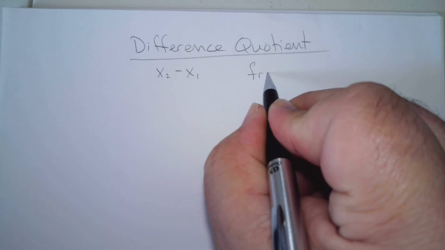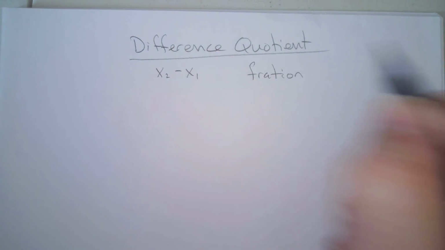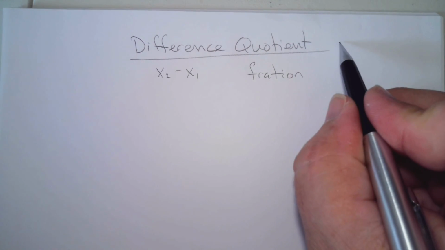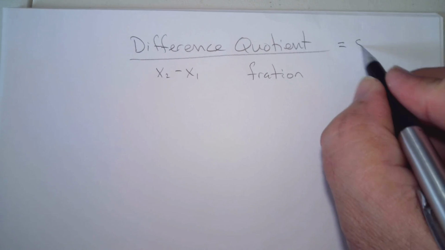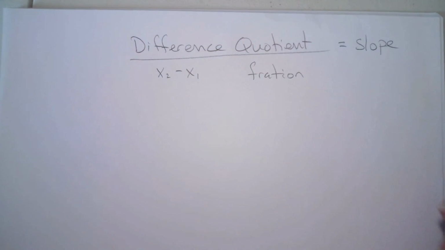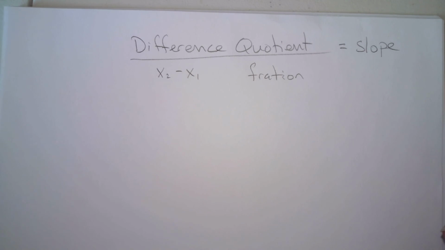Quotient means fraction. The difference quotient basically is looking for the slope, but not the slope that we used in the past of the straight line. This one we can use to find slopes of curves.